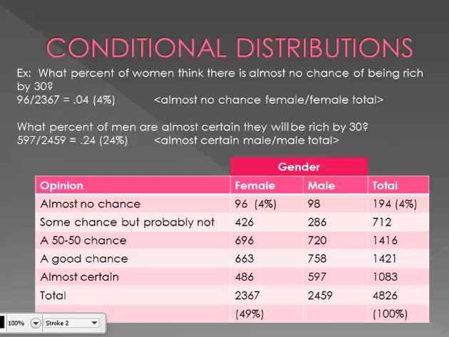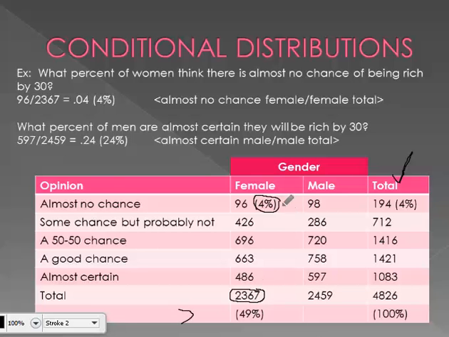In other words, if we're looking at this table, these are what I was calling marginal distributions, the ones out here in this column, or down here in this column. Those are marginal distributions because they're in the margins. But if I'm looking at this distribution right here, that 4%, what would I be doing? I would be taking this 96 and dividing it by the total number of females, 2367.